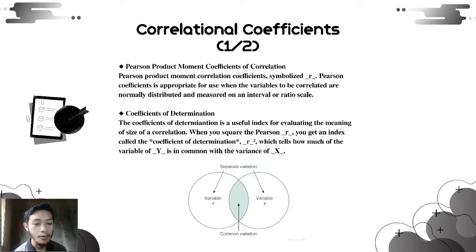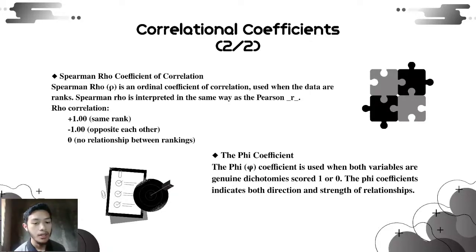As we can see, the rho correlation of Spearman is plus 1 for the same rank in the correlation, minus 1 if the variables are opposite to each other, and then 0 if there is no relationship between the rankings.